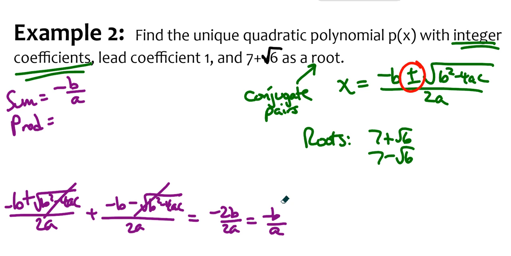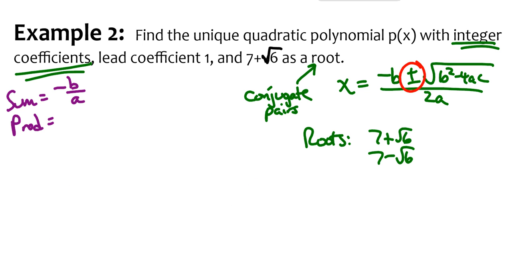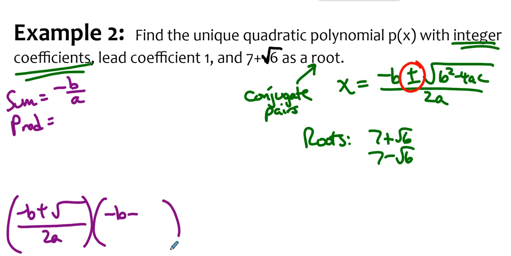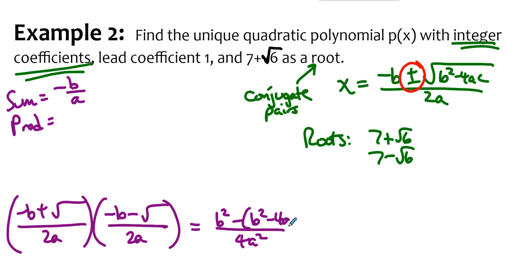Well, similarly, how about the product? The product of the roots is negative b plus big scary radical over 2a times negative b minus big scary radical over 2a. And then the numerator is b squared, and then those drop, and then you've got minus b squared minus 4ac.